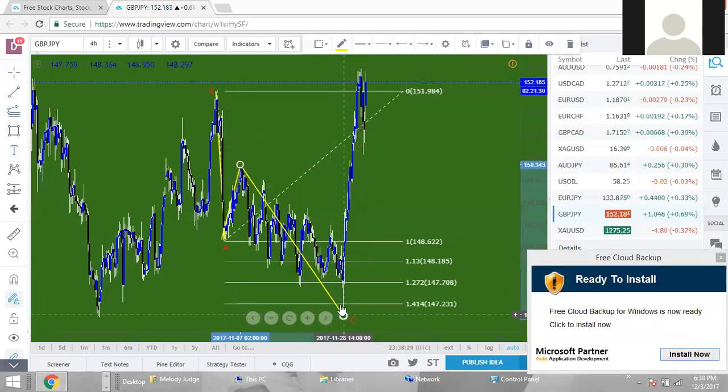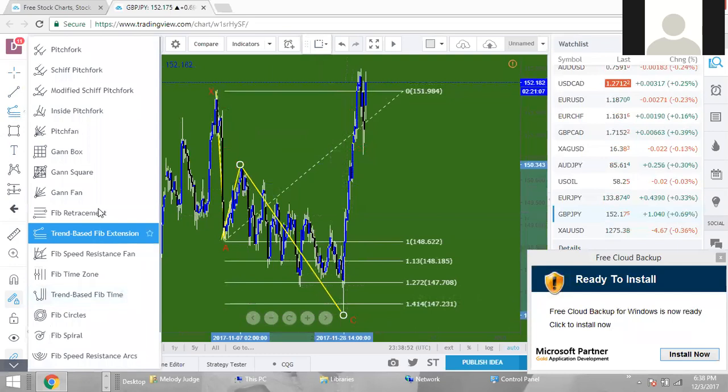Just because of the rule, we don't bring our C leg here and put it where price closed. We still bring it down here because when you're going to do your targets and your stops, you still need to be getting the whole move. So we bring it down there, which we know is valid because it respected what? The 127. So once that happened, we were looking for the market to pull back from X to C.